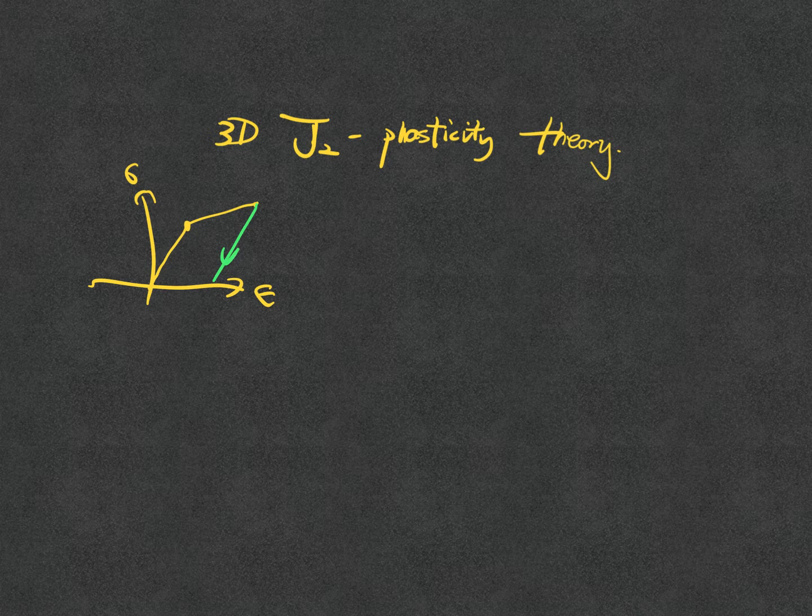This is different from elasticity, because if I have elasticity, there is no path dependence. I load it, and then I can go back in that direction. This is not the case for plasticity. So what consequently happens is that I load the material from zero strength all the way to this peak strength, and then if I unload it, the strength won't go back to zero.